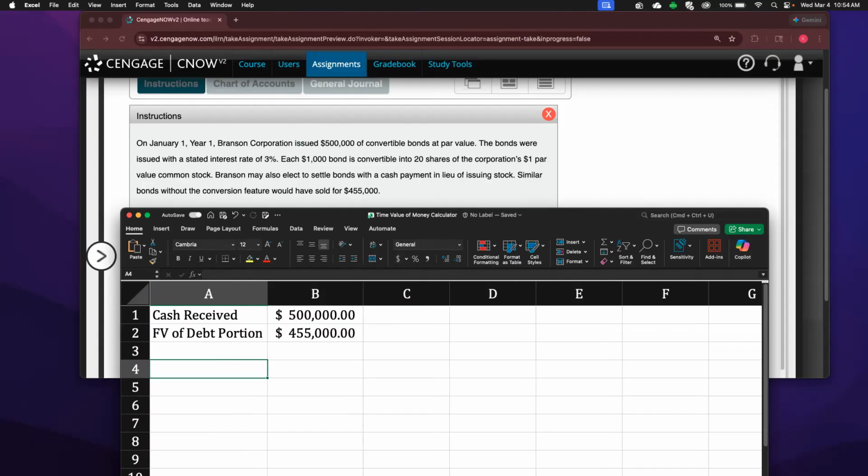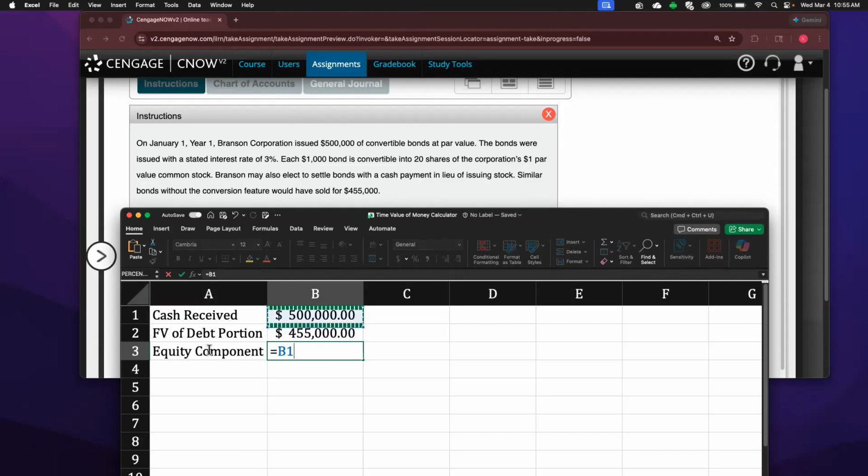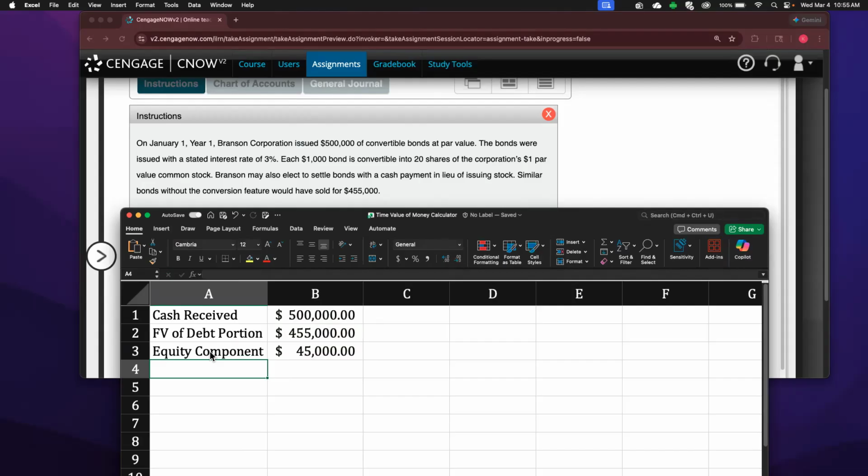We're going to determine our equity component. The equity component is the difference between what the cash received was and the fair value of the debt portion. So equity: $500,000 minus $455,000. Our equity component is $45,000.